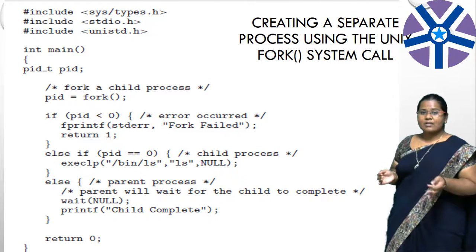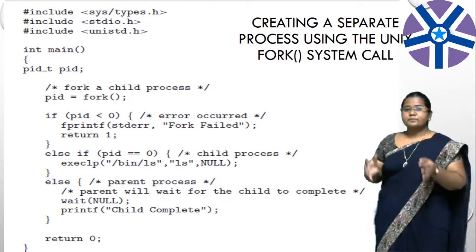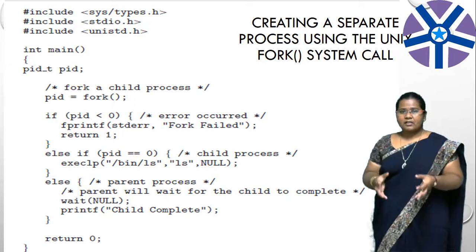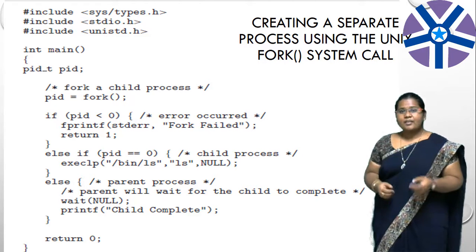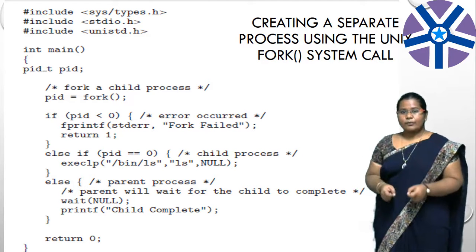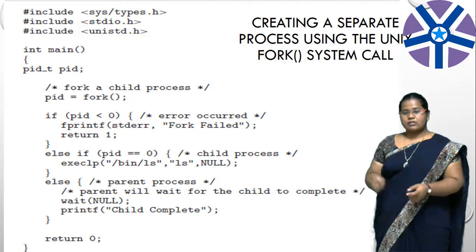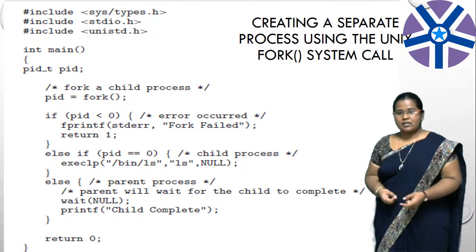The exec system call is used to remove all the memory data regarding the parent process from the CPU, and it replaces it with the child process data on the CPU for execution, so that the child process will start its execution.